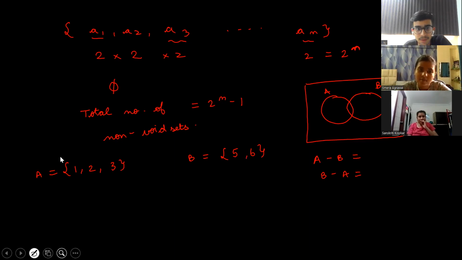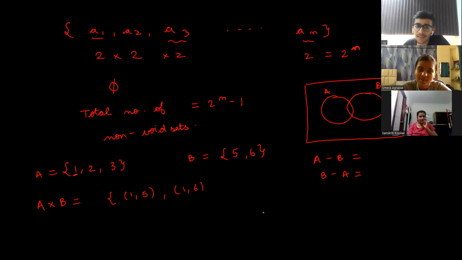Then Cartesian product of sets is A cross B. So इस सेट में एलिमेंट्स कैसे होंगे? मैं 1 को बाकी B के दोनों एलिमेंट्स के साथ पेयर करूंगा, राइट? So 1,5, 1,6. कॉमा, multiply मत कर देना. So 1,5, 1,6, 2,5, 2,6, 3,5, 3,6.